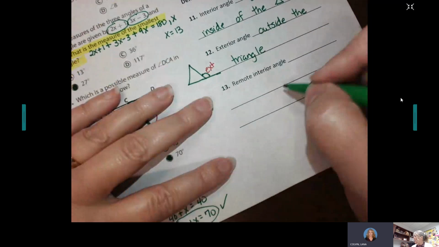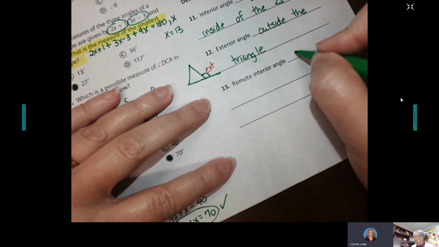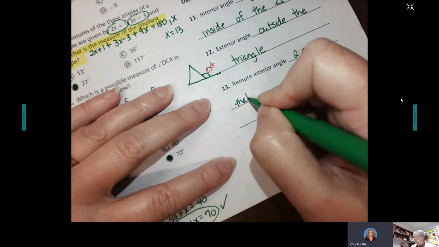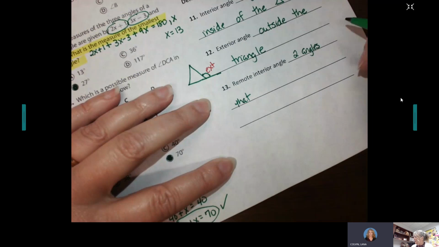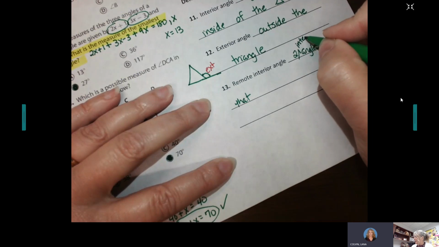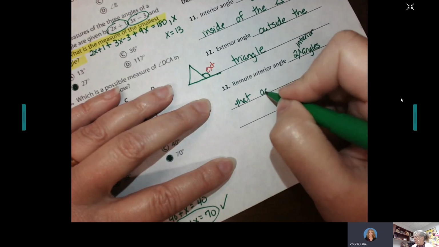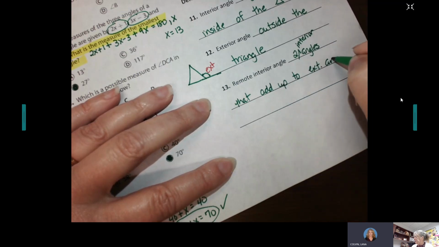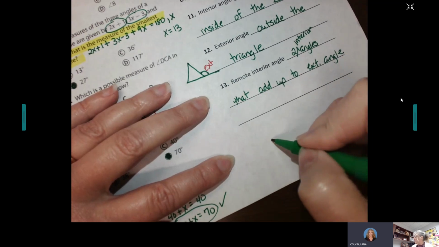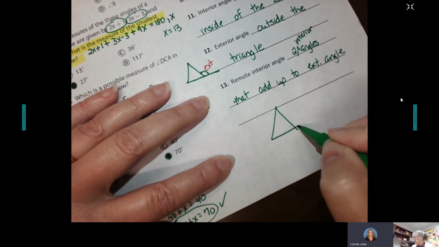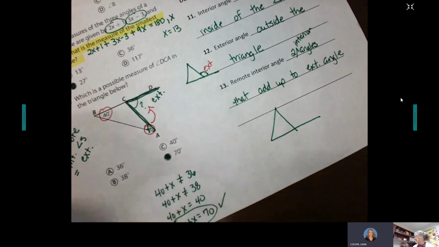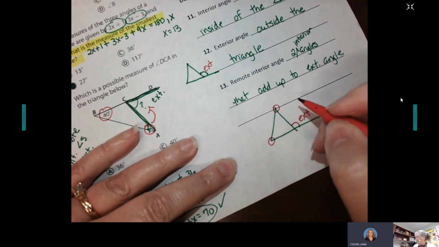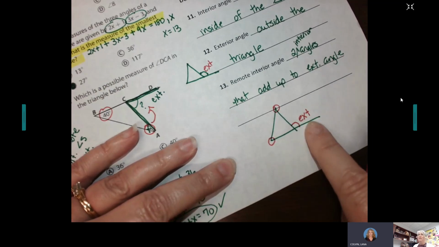All right, now remote interior angles, those are the two interior angles that add up to the exterior angle. So it looks like this. Here's a triangle. Here's an exterior angle. This angle plus this angle have to equal the exterior.